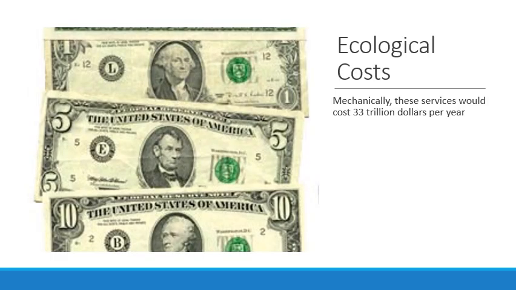In the end, replacing current biodiversity and current ecosystems with mechanical means of replacing them. So removing an ecosystem, putting in farmable land, putting in something, a city, we would have to then invest approximately $33 trillion a year to do those same services that an ecosystem would normally do mechanically.